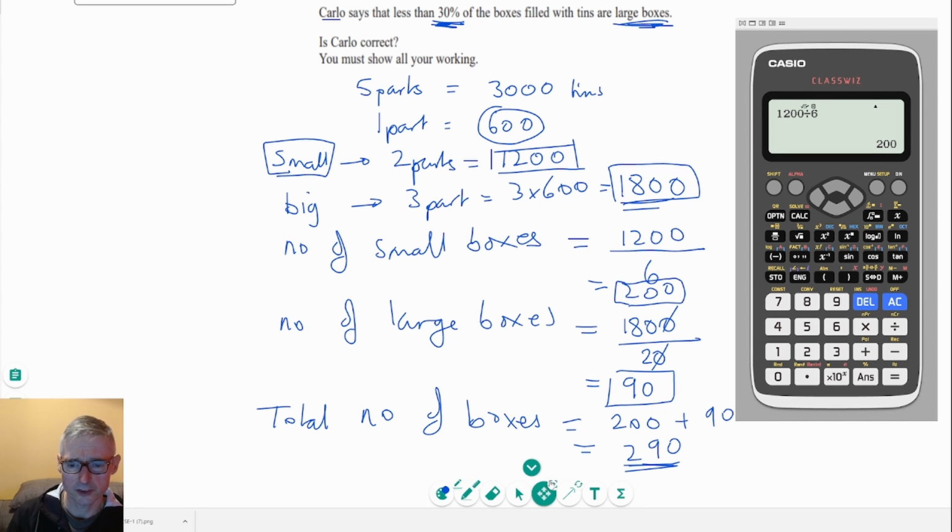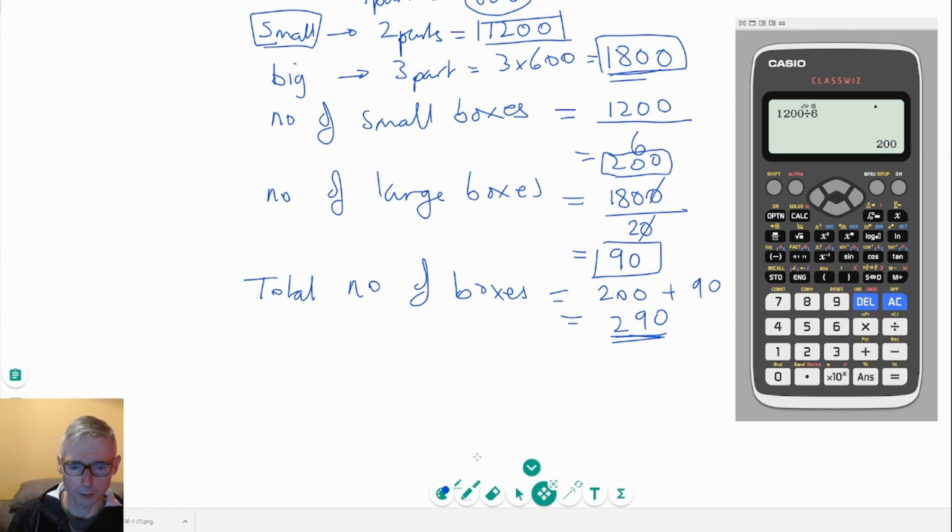So what we need to do is find out what percentage the large boxes are of the total. So what percentage are the large boxes of the total?